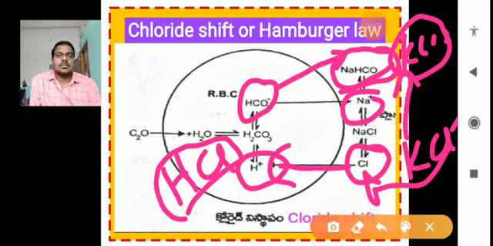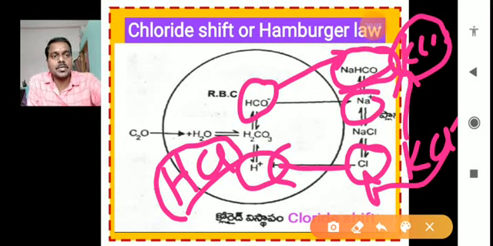But one thing is there: only Cl minus ions enter the RBC or come out from the RBC. The RBC plasma membrane is permeable only to minus ions. The plasma membrane transfers only minus ions from the RBC to plasma or plasma to RBC.